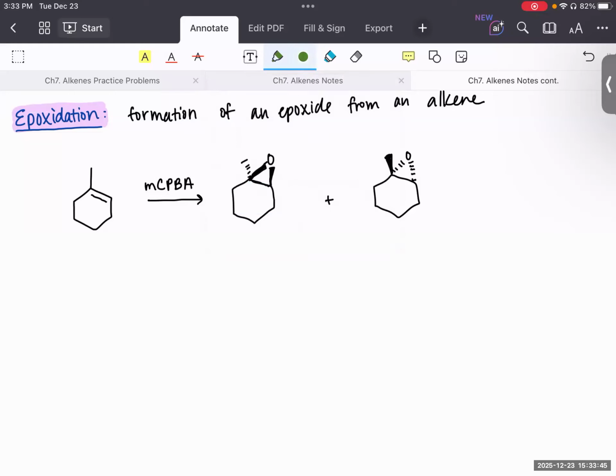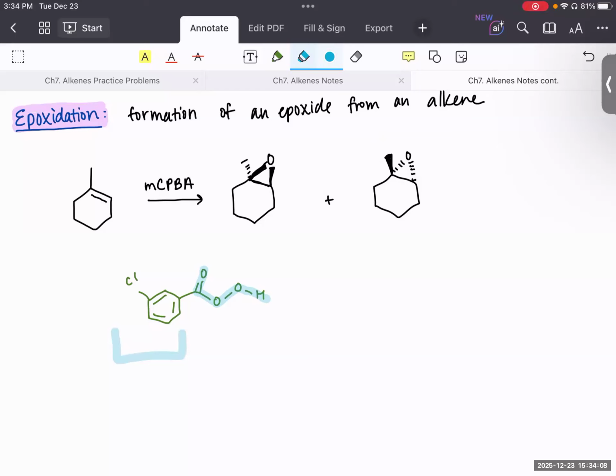And so the structure of mCPBA looks something like this, where we have an R group, and this ring that I'm drawing doesn't really matter. The important part of this reaction is this functional group on the right here. Some classes will throw in a different reagent where it's a different R group right here.